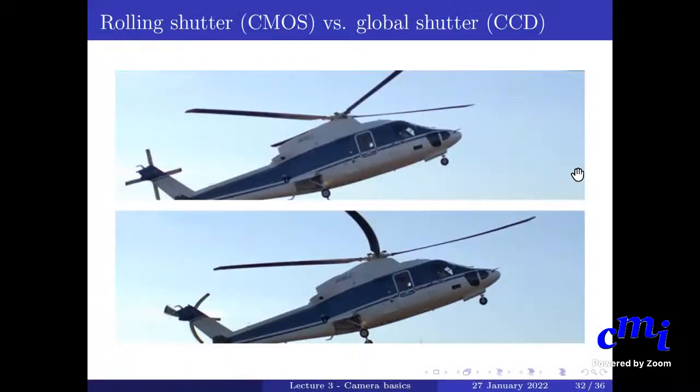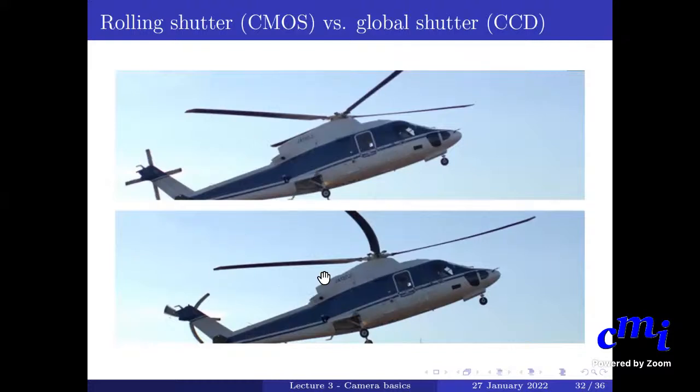And the artifact that it produces in the image is like this. On the top is the global shutter, and on the bottom is the image obtained with a rolling shutter. You can clearly see the difference, right? Since all the cells were exposed to light at the same time, the top image has been captured at the same instant of time. That difference is seen in the blades of this helicopter.